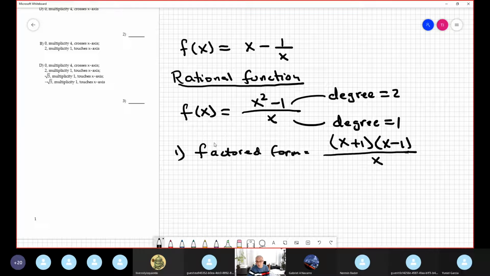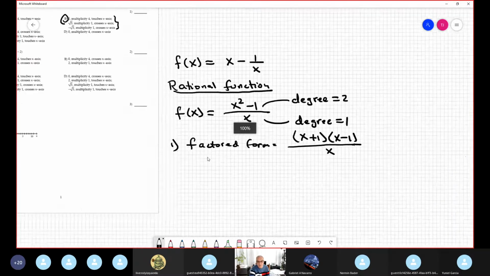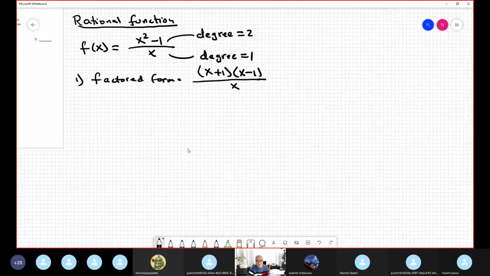We have no common factor to cancel out, therefore my graph has no hole. Remember, we have a hole when one factor is cancelled. In this case, no hole.